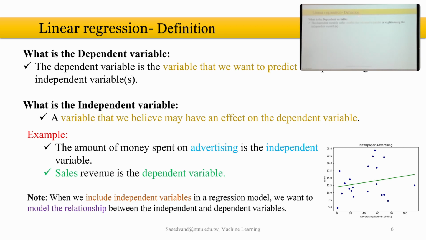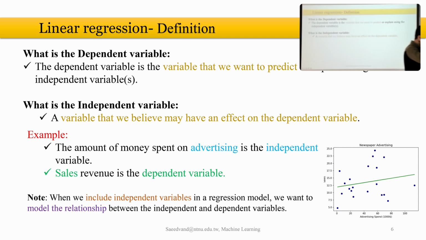We call dependent variables the variables that we want to predict, or we want to explain using the independent variables. Let's define also the independent variable. Independent variables are the ones that we believe may have effect on the dependent variable.